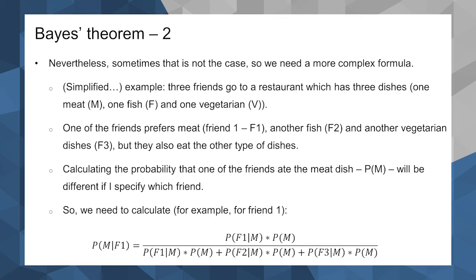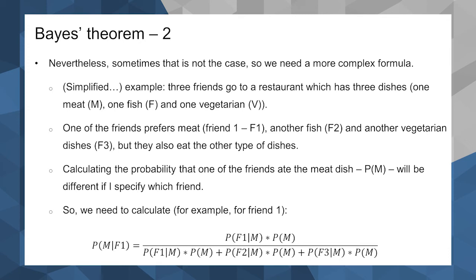We are calculating, again, probability of, as we saw in the previous slide, A and B, which is M and friend 1, given the probability of B. So that's what we're going to calculate here, is the probability of somebody eating a meat dish altogether will be what's in the denominator, probability of friend 1 given meat times probability of meat, plus probability of friend 2 given meat times probability of meat, and the same for friend 3.